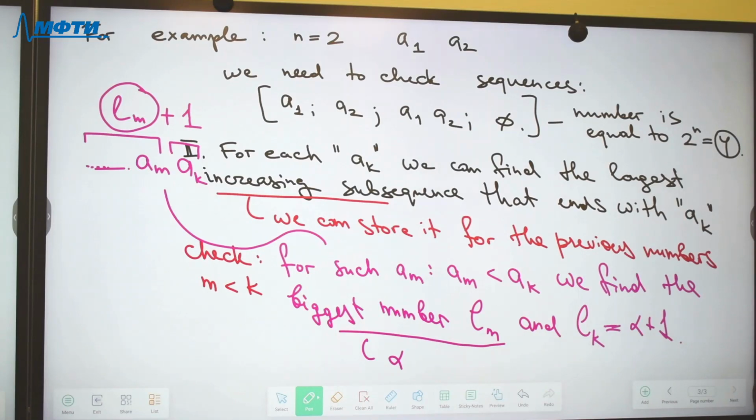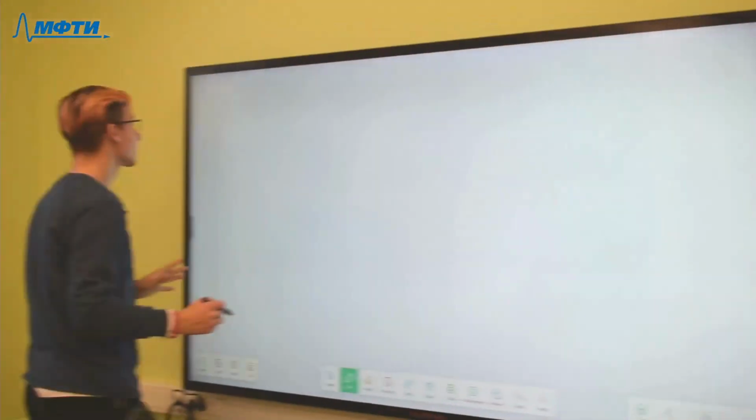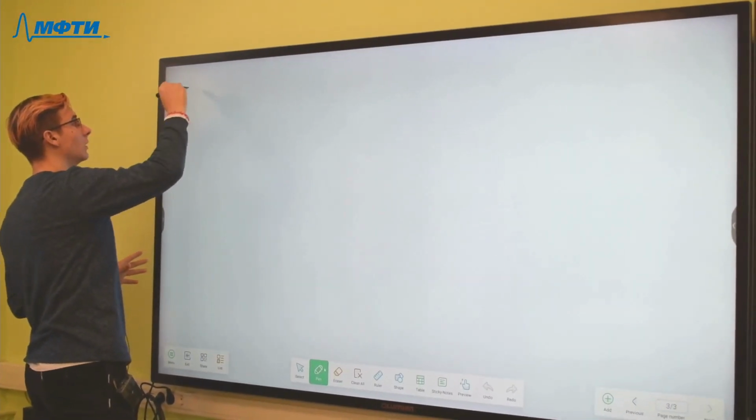I can write this algorithm step by step. So, algorithm.